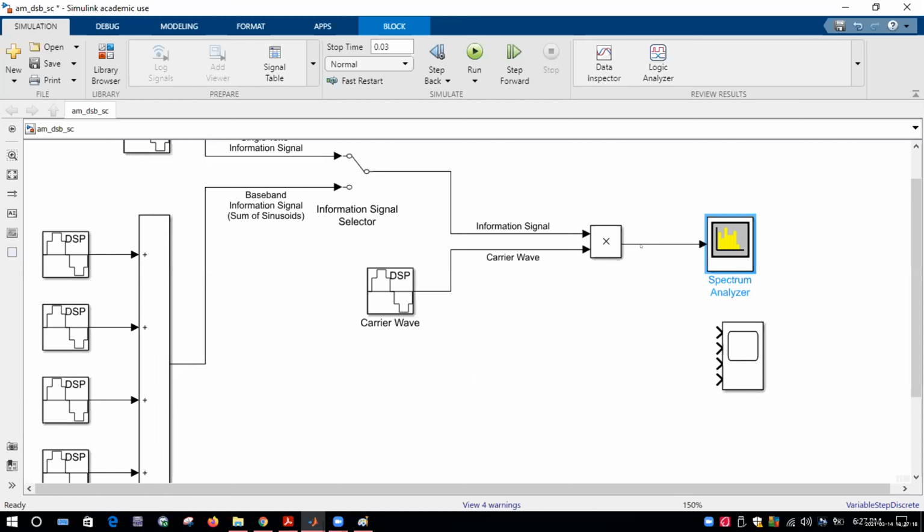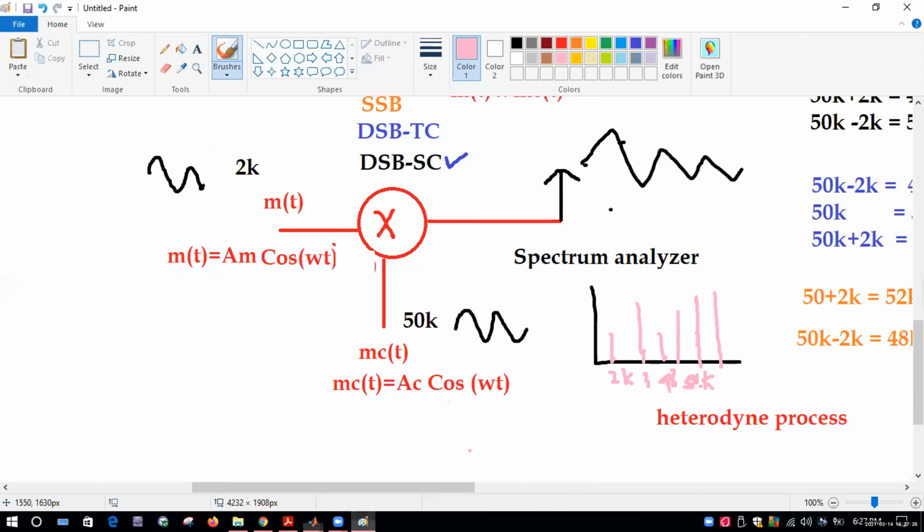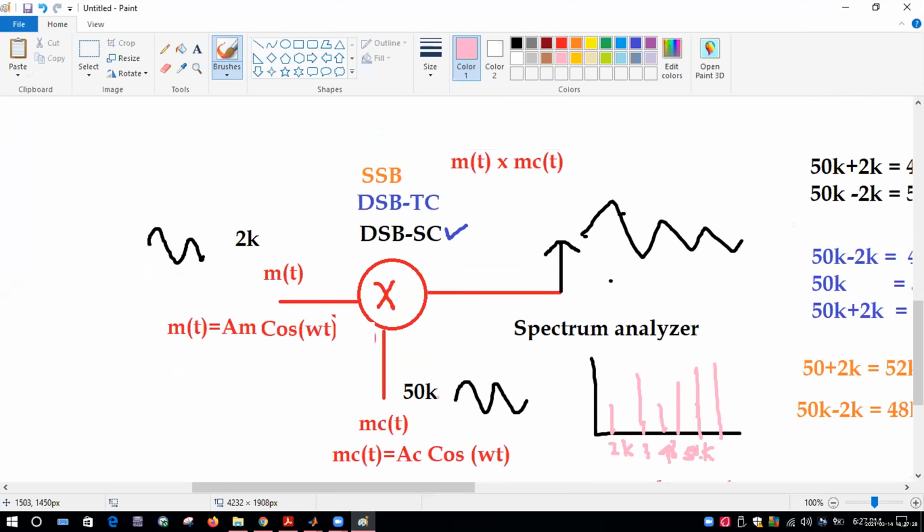This signal which is coming out, which is a mixed signal, we have 2 kilohertz, we have 50 kilohertz. We mix them. We got a third signal, right? It looks like one signal, but it is actually not one signal. It contains two different frequencies.